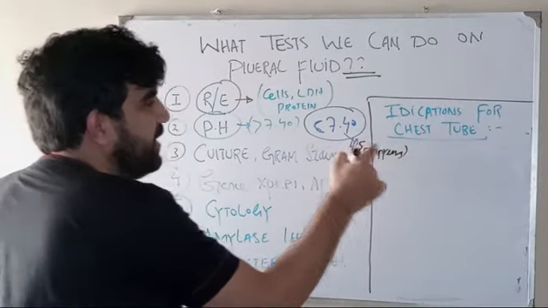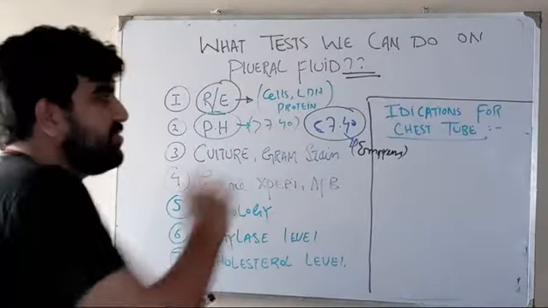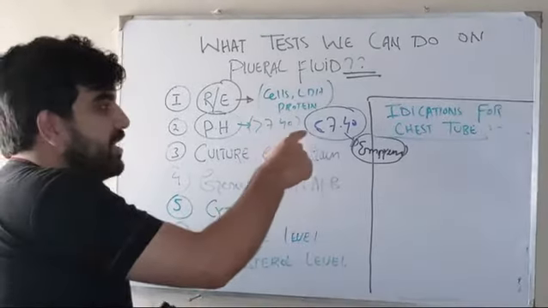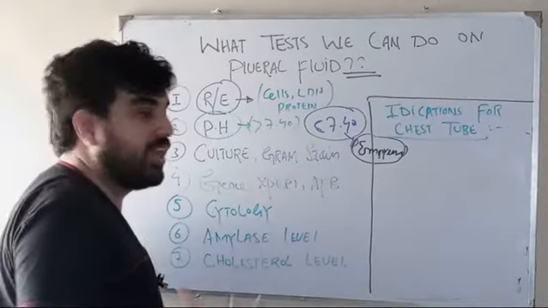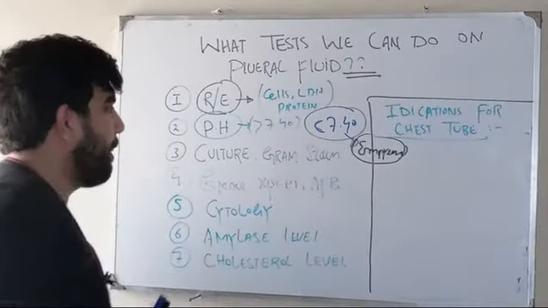And this is one of the indications for chest intubation. If the pH is abnormal, less than 7.40, that means there is pus collection, and pus collection in the pleural space is called empyema.